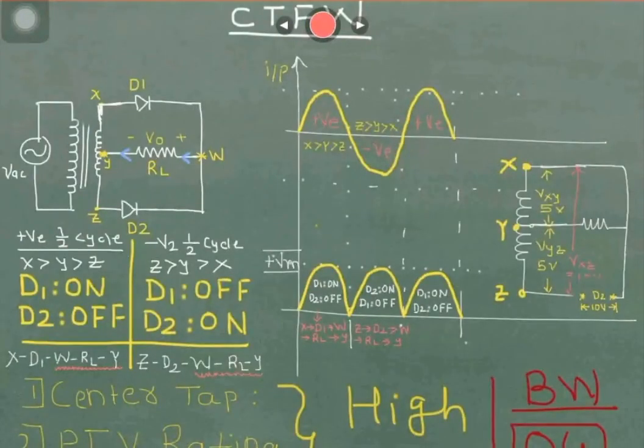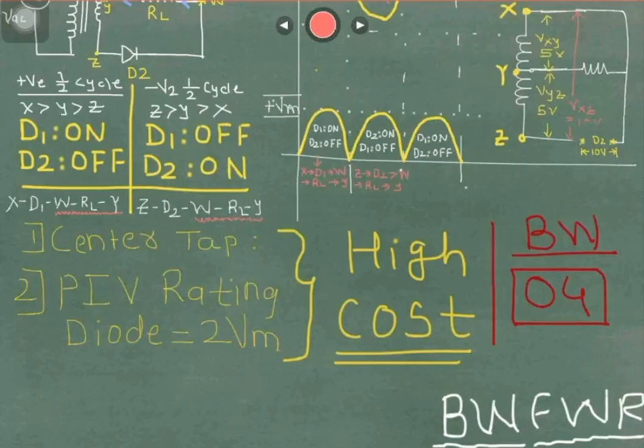Now, what was the problem regarding the center tap rectifier? We have seen the secondary winding is tapped at the center. The first point is that the center tap transformer becomes bulky, and it also becomes costly. So that is the first problem.